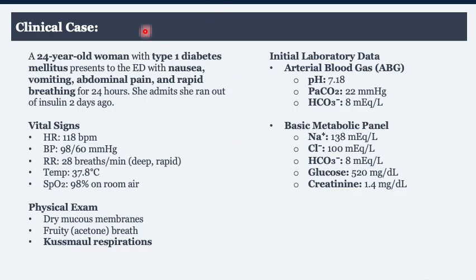Okay, to sum everything up, let's try to go through a case and work through it together. So you have a 24-year-old woman with type 1 diabetes who presents to the ED with nausea, vomiting, abdominal pain, and rapid breathing for 24 hours. She admits she ran out of insulin 2 days ago.